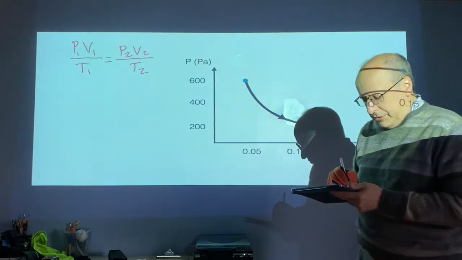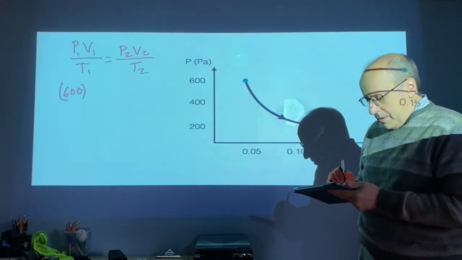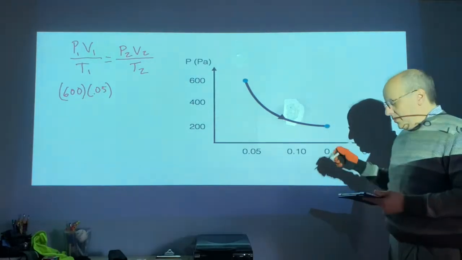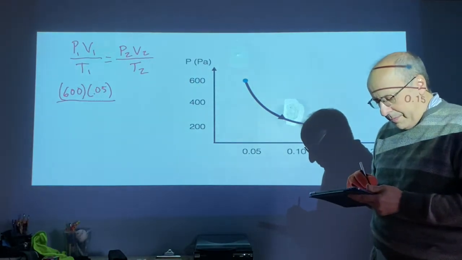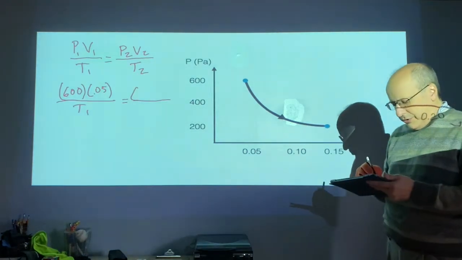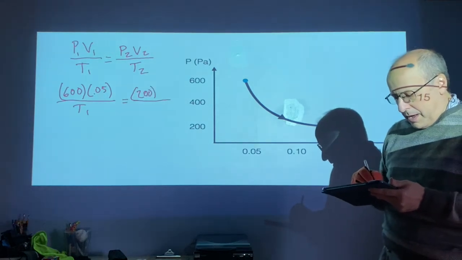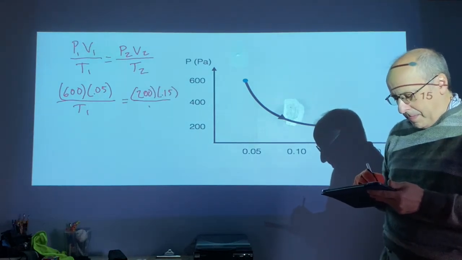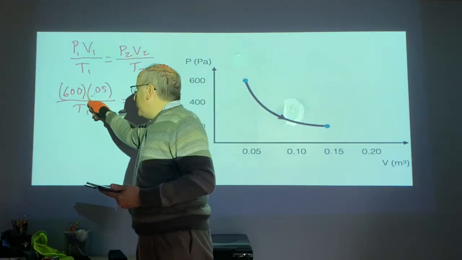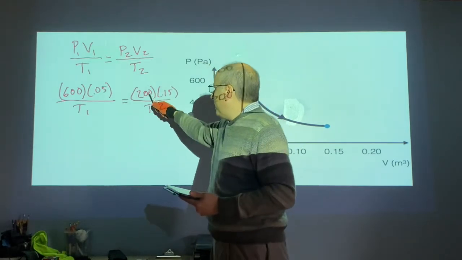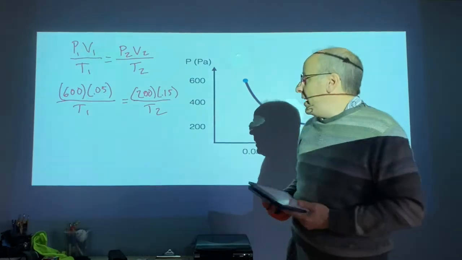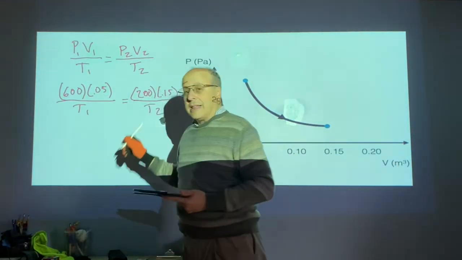So we have 600 times 0.05, and then we have some temperature. Then our pressure here is 200 times 0.15. And what you'll notice is that when you multiply these two numbers together, and when you multiply these two numbers together, you get exactly the same answer. Therefore, the temperatures must be exactly the same.